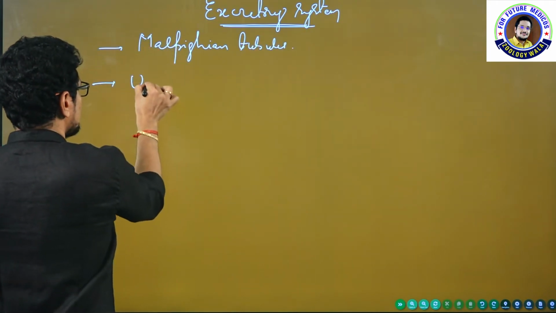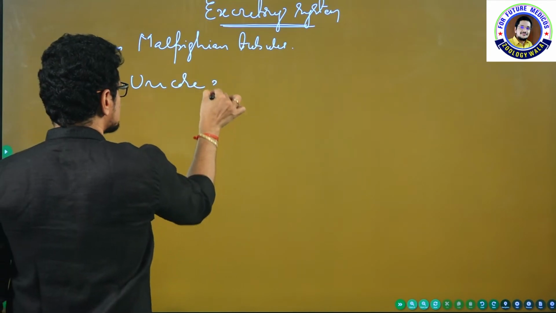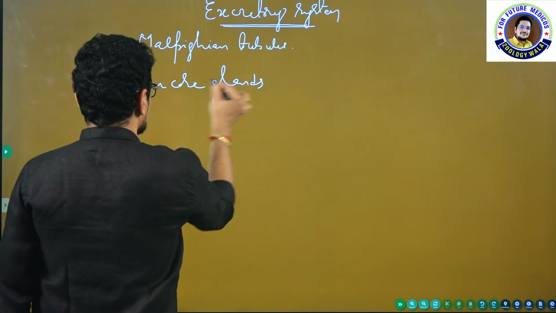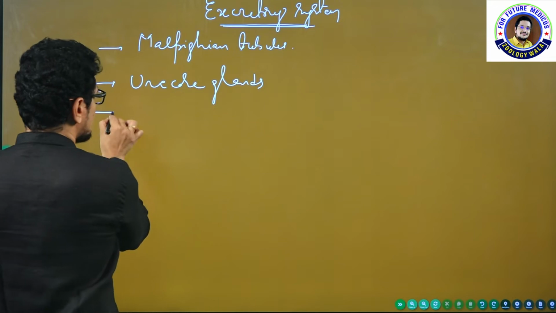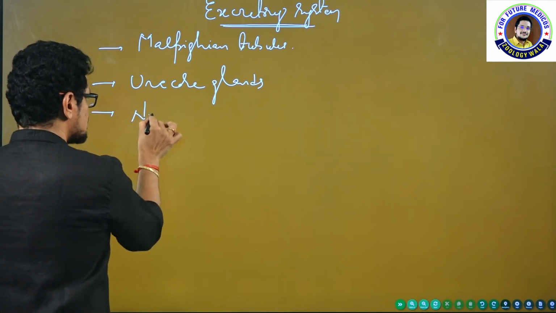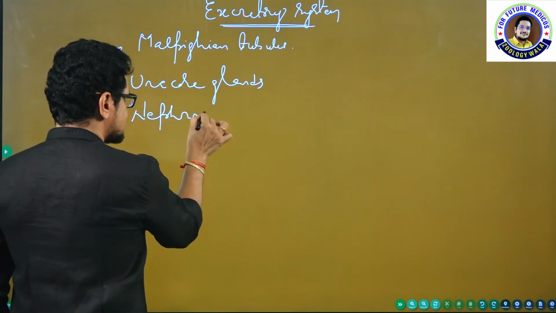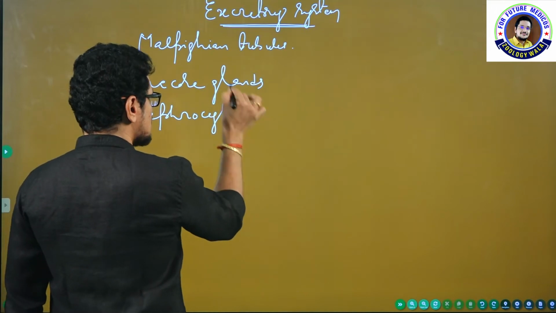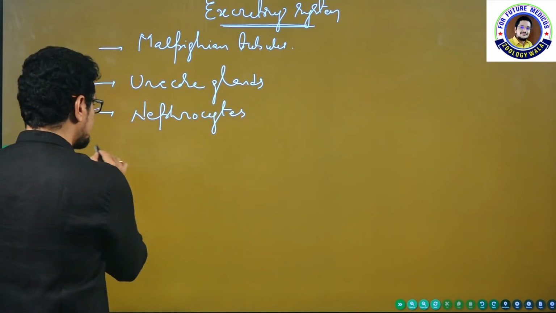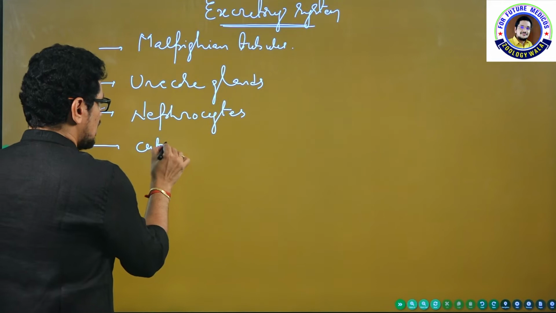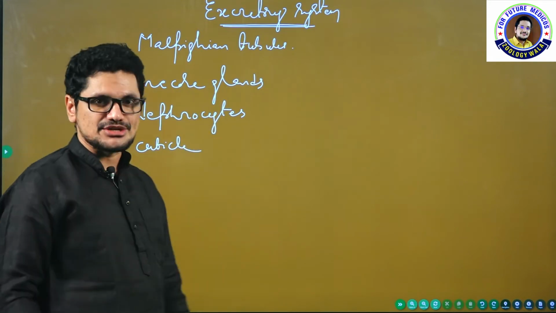In addition to that, urecose glands also perform excretion, as mentioned in the CBSE textbook already. Nephrocytes also help in excretion, and the cuticle also helps in removal of some waste materials.